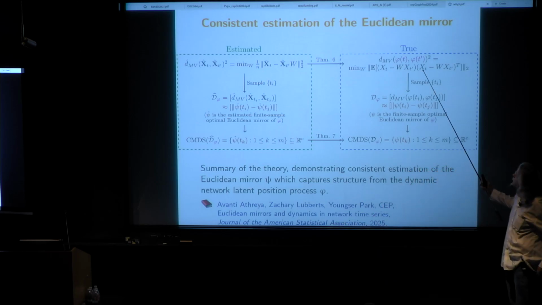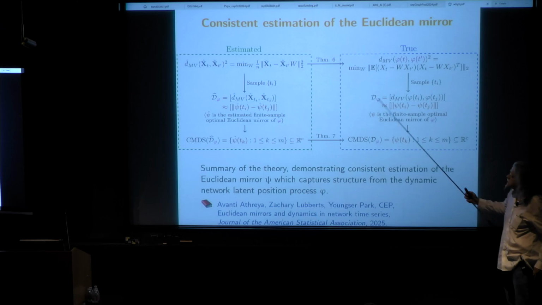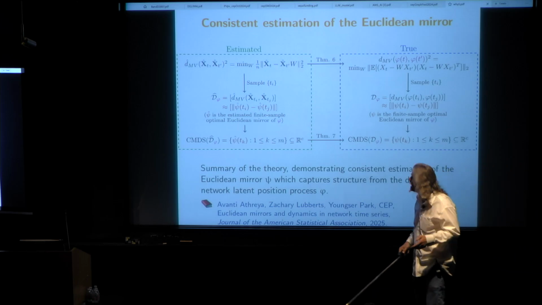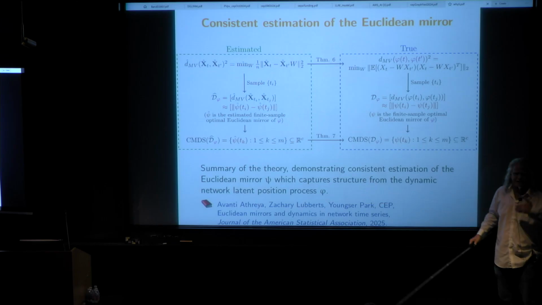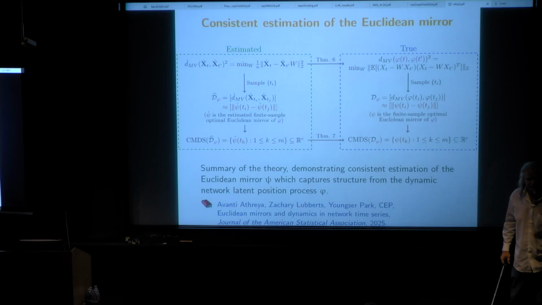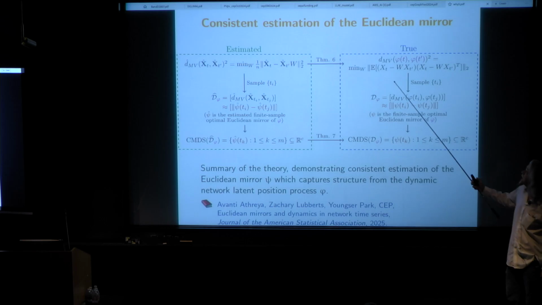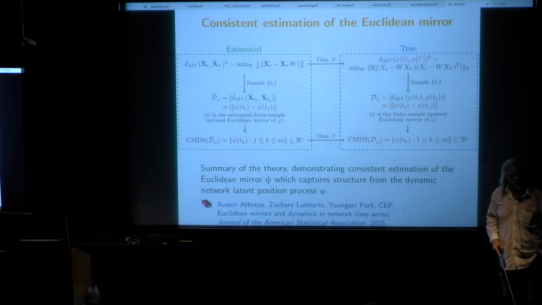And on the right we have the truth that we don't observe, and on the left we have the way we estimate it. Phi here is the latent position process, the underlying stochastic process governing the latent positions. And there's a distance on the latent position process at time t and t prime, which is this, let's say, quasi-covariance kind of operator.